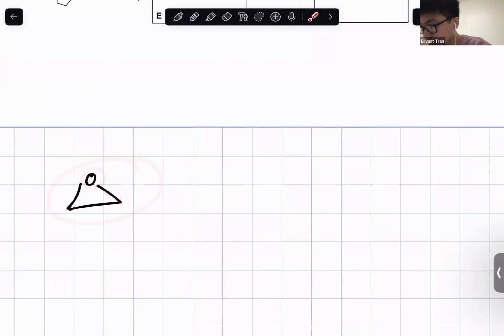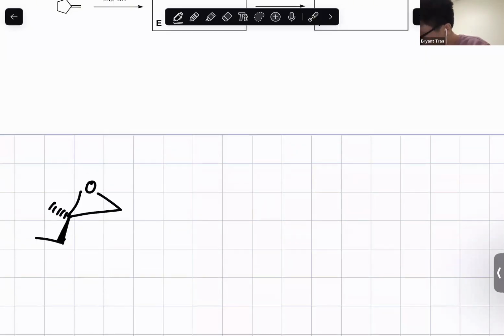I think the other name for epoxide is oxirane, right? It's going to have a more substituted side and a less substituted side. This carbon on the left is the more substituted side, and this carbon on the right is the less substituted side.